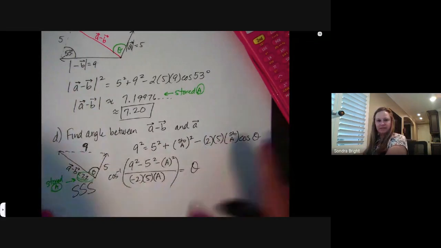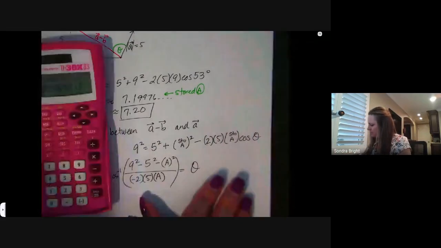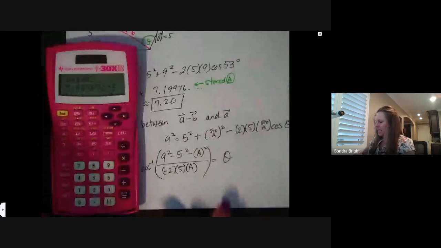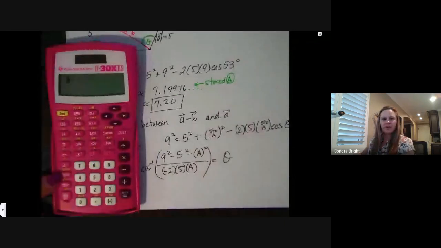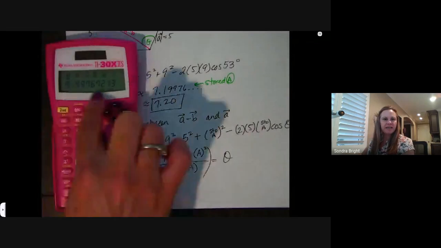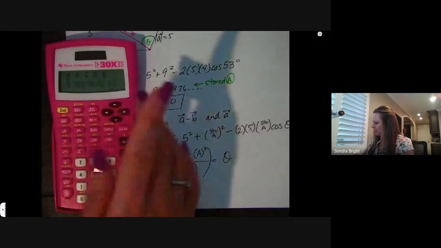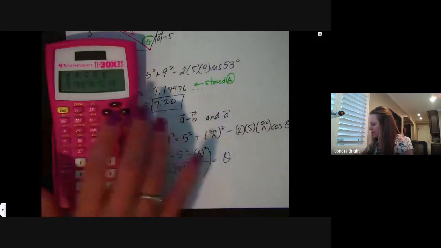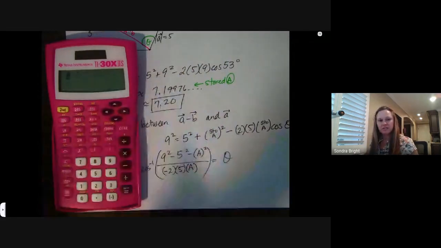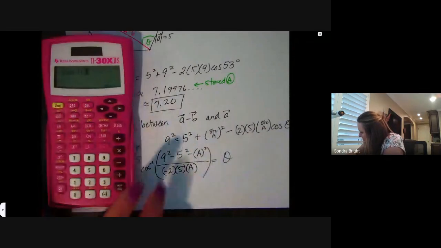All right, you ready for it? Let's see. All right, so I've got my stored A value. And in fact, you can confirm it by memvar, A is underlined. There you go. If you have more to store, you can absolutely use B, C, D, E. It doesn't matter. Okay, so get out of there. All right, so I'm going to do inverse cosine. Oh, and don't forget, parentheses around the top.